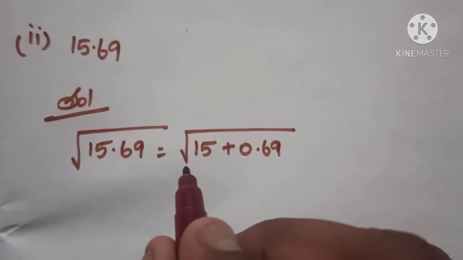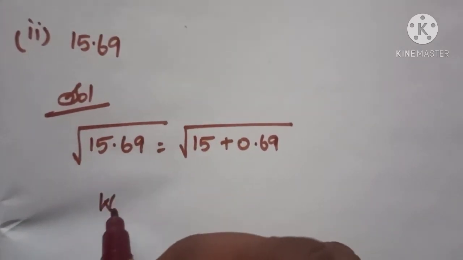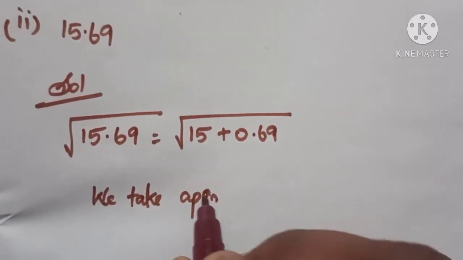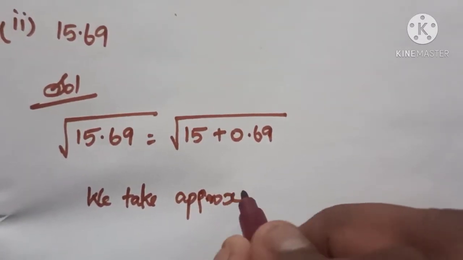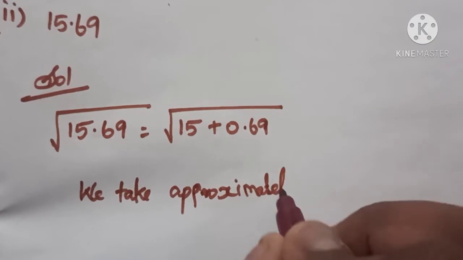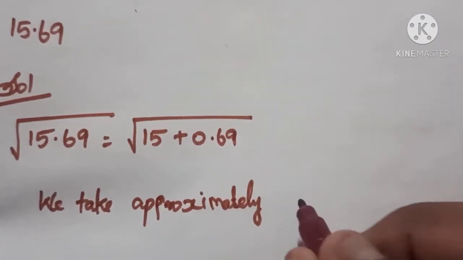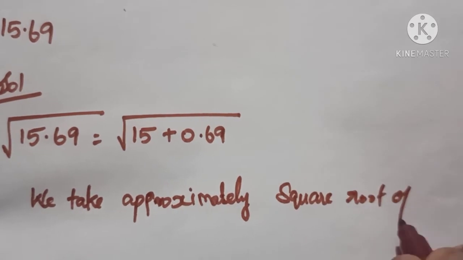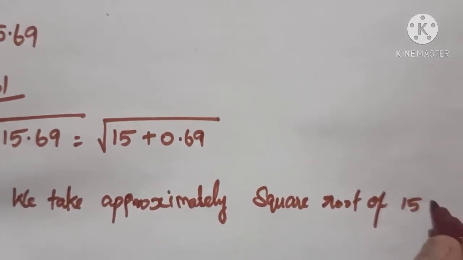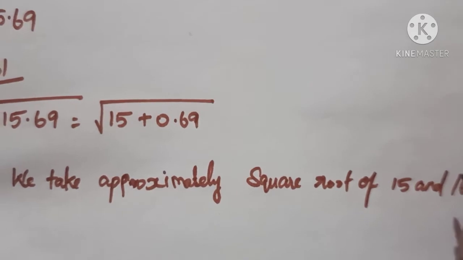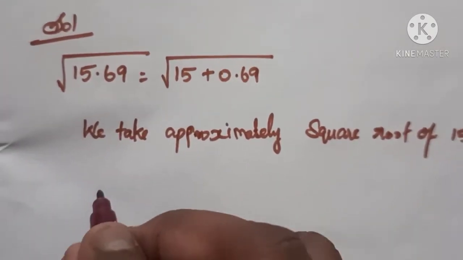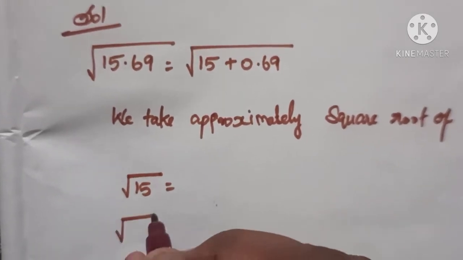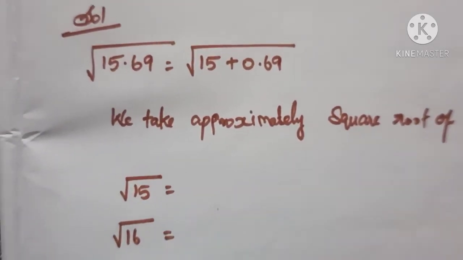So in this case we take approximately the square root of 15 and 16. So we need to find the square root of 15 by using the table, and the square root of 16 by using the table.